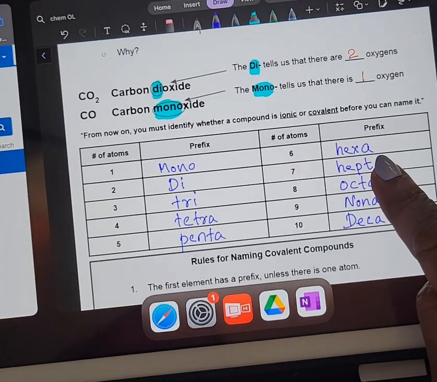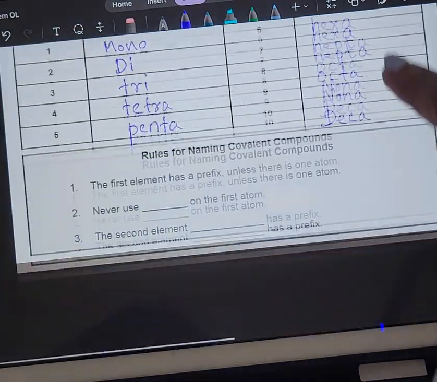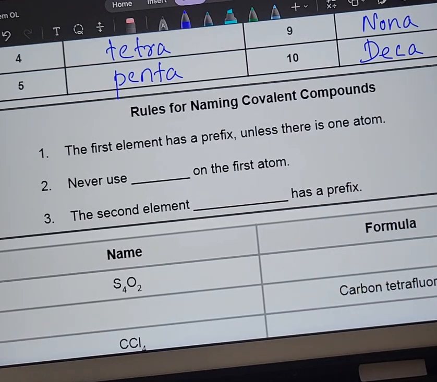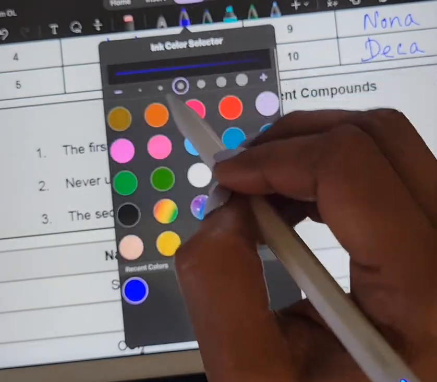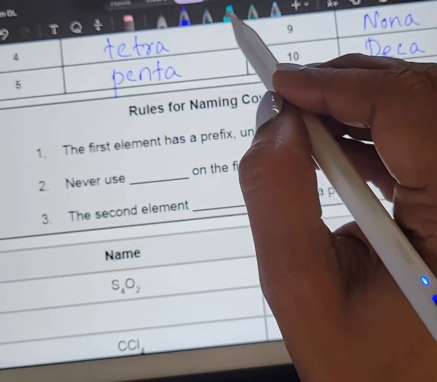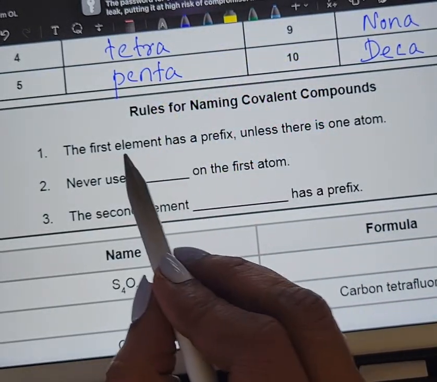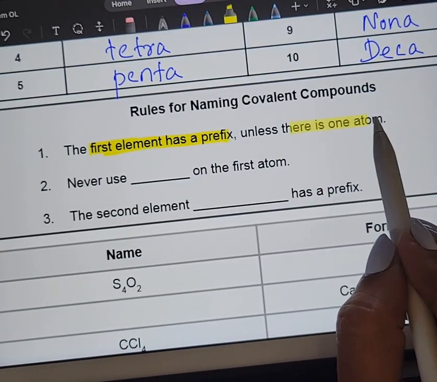And remember some rules also. Okay, my bad. Let me go back, sorry. Okay, some rules also different here. First element has a prefix unless there is 1 atom.